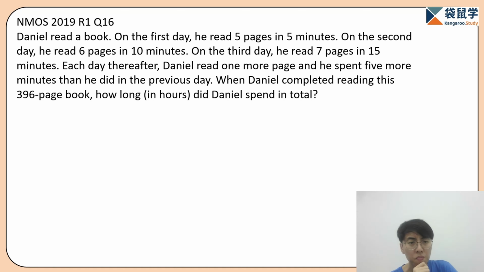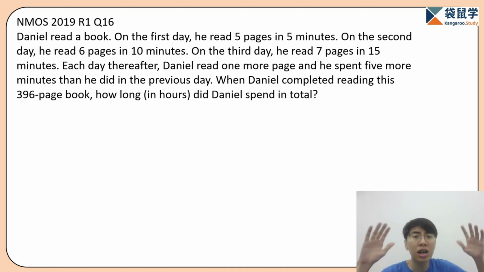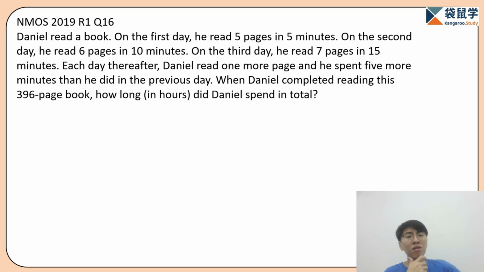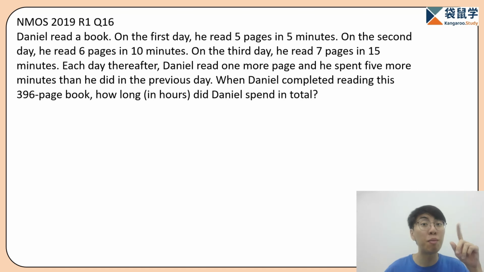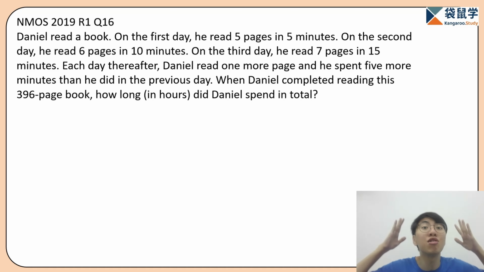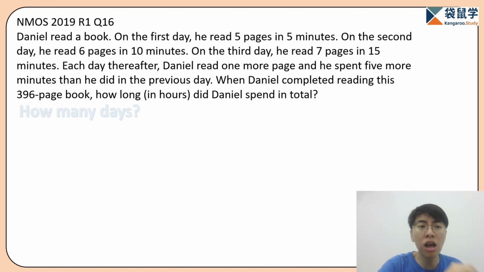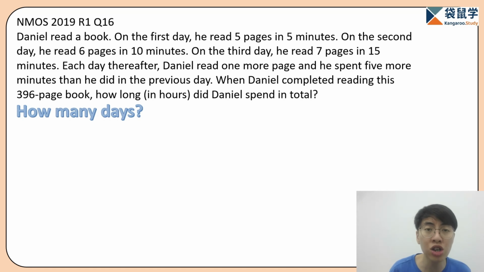We think. The question wants us to find the time which he spends reading the book. But to find time, what first do we need to find? You may be thinking, yes, I need to find how many days he is reading the book. And that is our question. How many days?